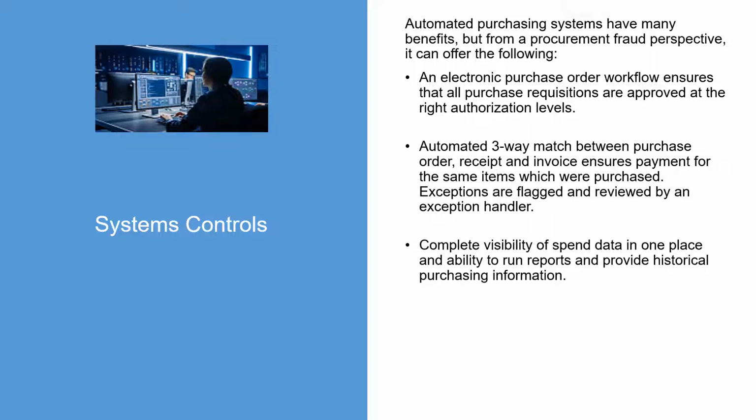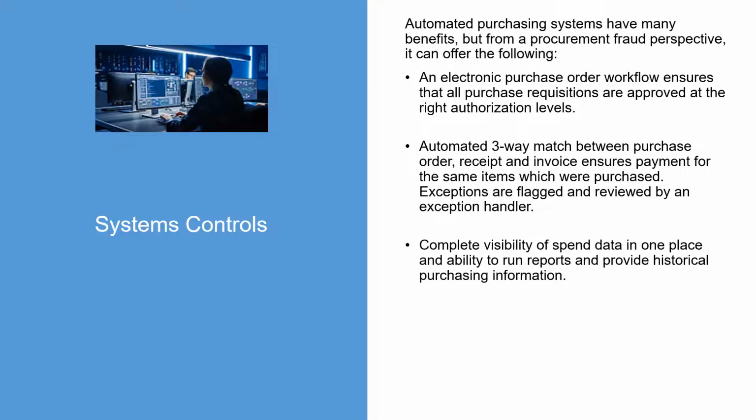And automated systems also enable you to control access by assigning roles and delegated authority within the system. There is also automated three-way match between purchase order, receipt, and invoice to ensure payment for the same items which were purchased. Exceptions are flagged and reviewed by an exception handler.